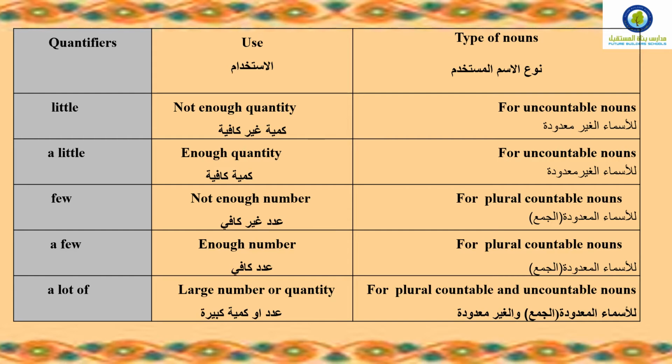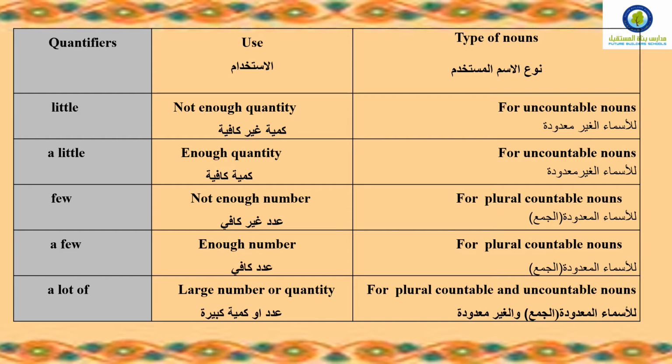So little, a little for uncountable. Little, not enough. A little, enough. The word that has a, again, it means enough. Few, a few for plural countable nouns. Few means not enough. A few means enough. Now a lot of, it means large number or quantity.